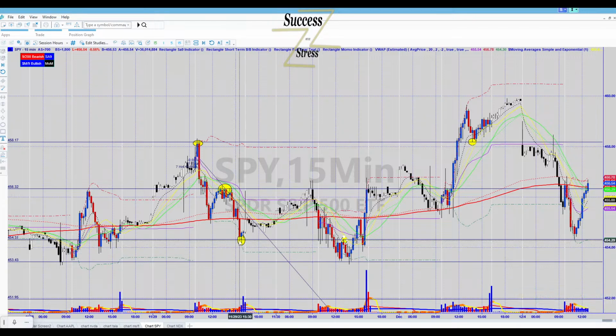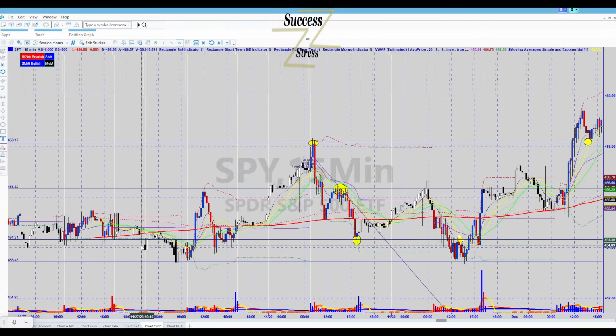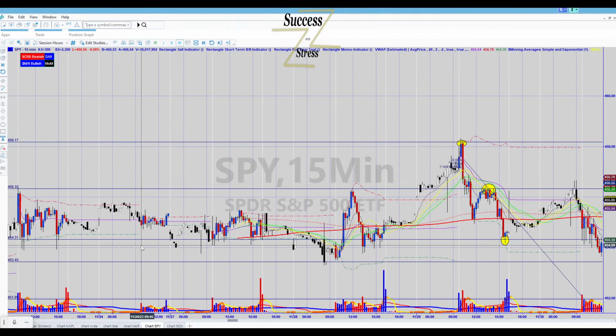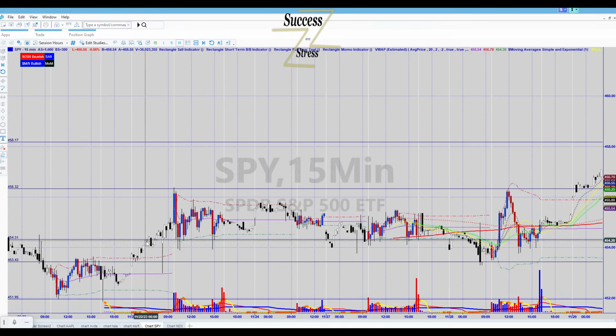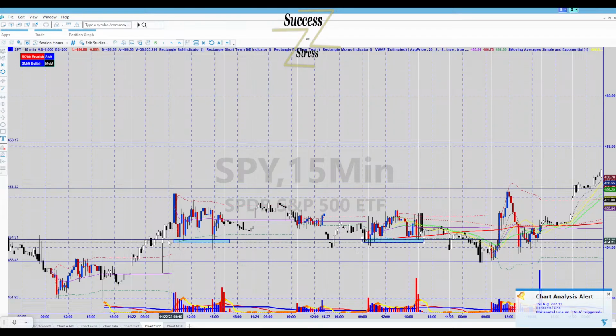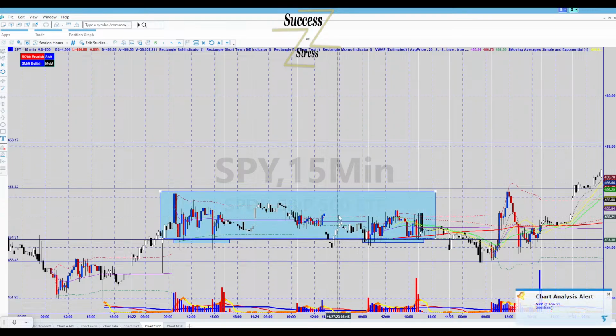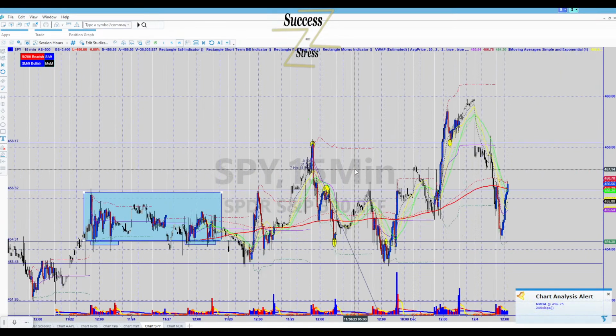That little top there, the bottom here, and at least the closing area, not respecting all the wicks, but at least the closing area of this range in here. So something like that. Just trying to get an idea. And overall, this is a consolidation range. All right.